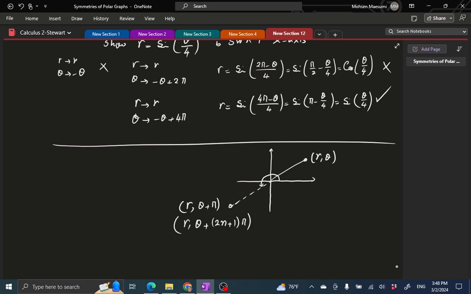Another one that you can say is that I come to this same angle of theta, but then I back up to this point. So I will come to angle theta, and then I back up to the location I want, which is minus theta. What's the general form of that? Take that and add to it an even multiple of pi to represent just going around the circles.